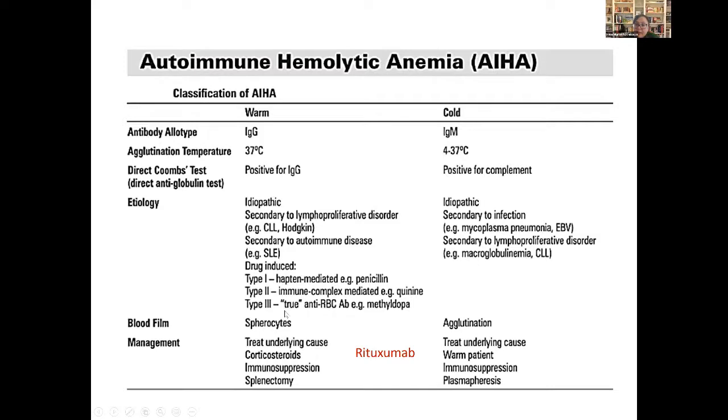The type is actually important and frequently tested on standardized testing, and it's related to treatment, so it is important. So type 1 is hapten mediated. A hapten is a small protein that by itself is too small to be antigenic, but when it's combined or presented in association with another protein, then it becomes antigenic.